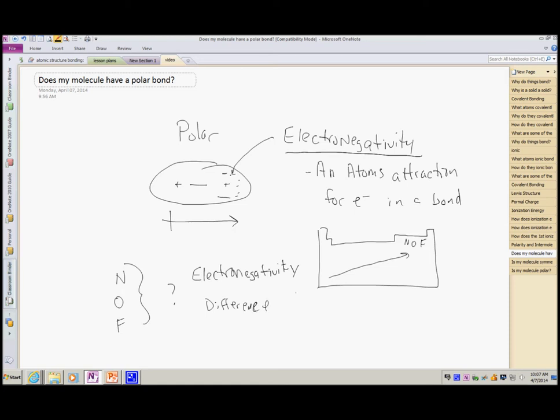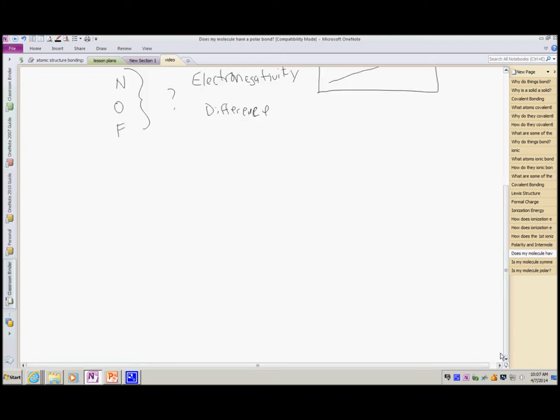Now, Linus Pauling made up the electronegativity scale and gave it some meaning. He said if you were to look at an actual molecule, let's say two different chemicals here, a water molecule, you could assign the electronegativity for this atom and for this atom.